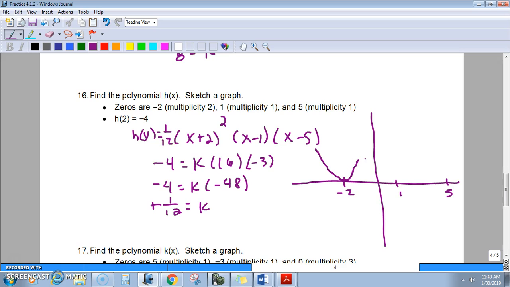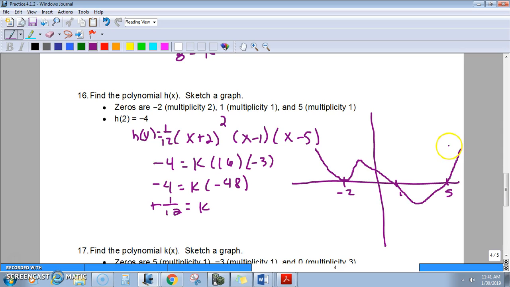Then, what happens if I put 0 in? I get 2 squared is 4 times 5 is 20 divided by 12, approximately 2. So it's going to come back here, go through the 1, and then go back up through the 5.